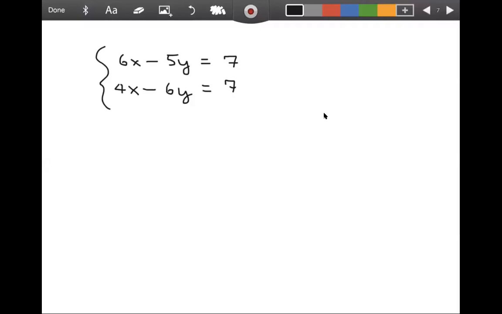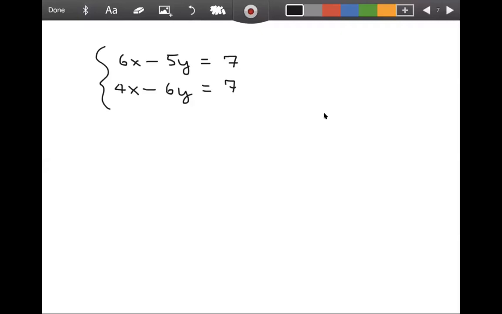Because 6 is not a multiple of 4. 6 is also not a multiple of 5. So actually, the only way that you're going to get away with multiplying only one of these equations by a number and getting opposite coefficients is if that number is a fraction. And I don't think we want to go there.